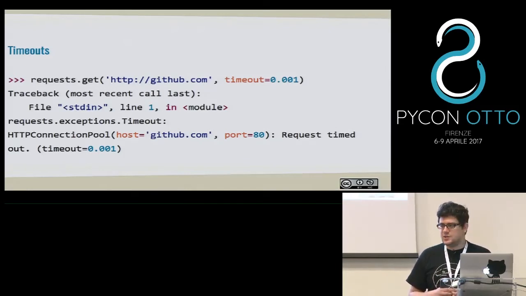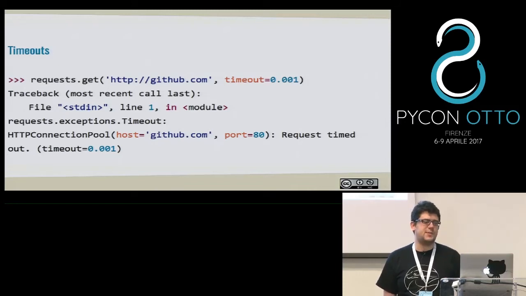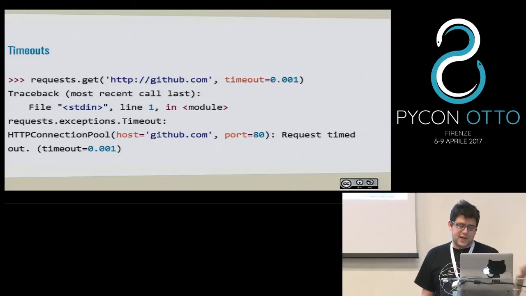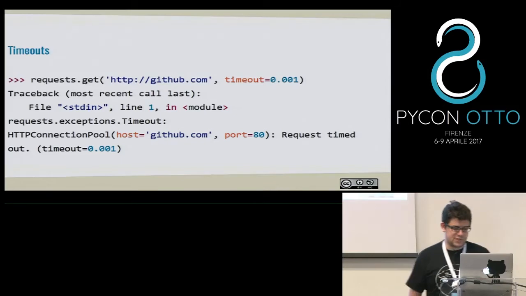So you can set just simple timeout parameters. This works for get, post, delete, whatever. Every command that is supported by request supports the timeout. In this case, I set a very low timeout, like 0.001 seconds, because I want it to fail. And you will get back a timeout exception. So just know it.